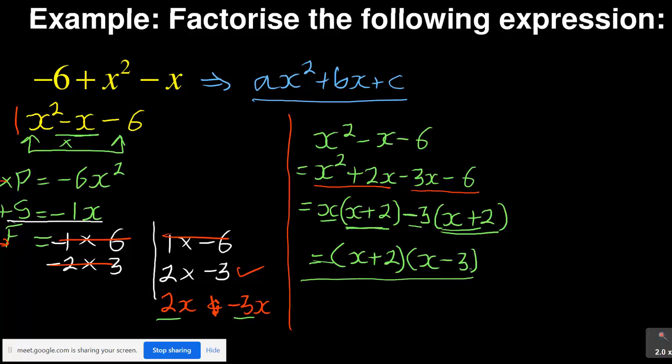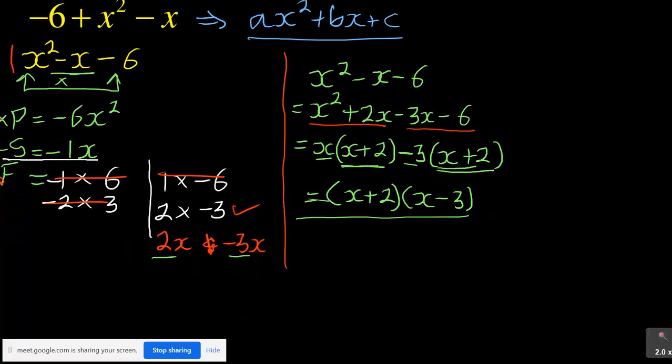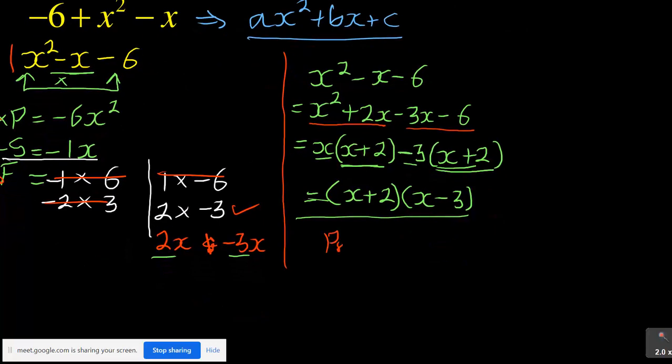To factorize. Now, as I said, just a quick one, it is always a good idea for you to do some proof. Now, if we prove this and say x plus 2 and x minus 3, let's open up some brackets here.